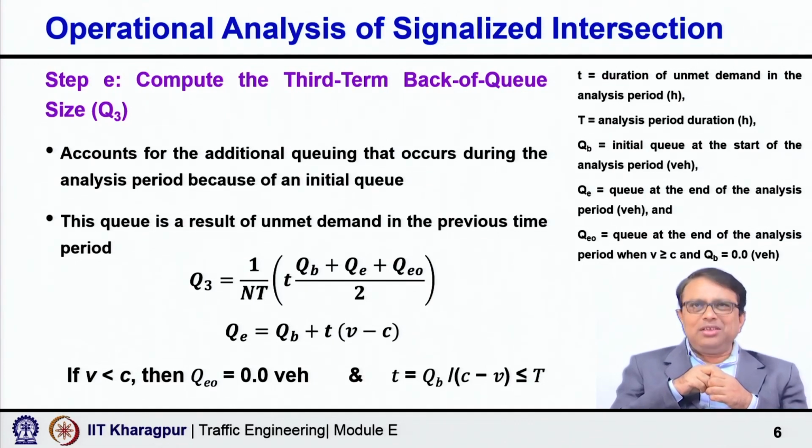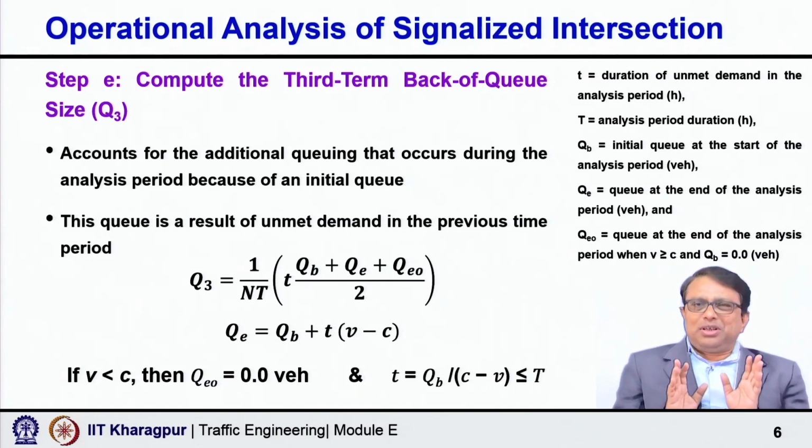One is QE, the Q at the end of the analysis period, and QE0, that is Q at the end of the analysis period when volume is greater than or equal to C, considering that QB equals 0.